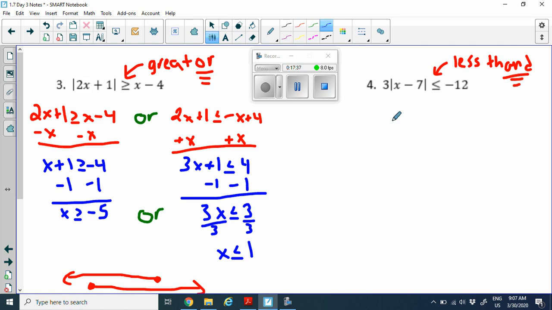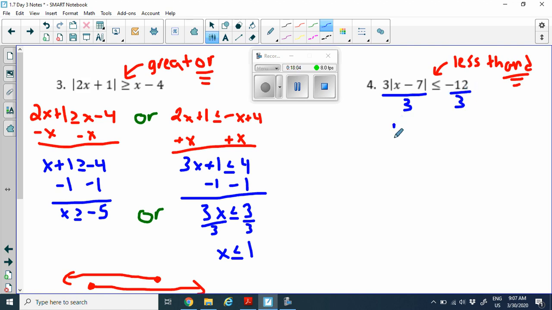Now, before we can figure that out, notice that I have this 3 in front of my absolute value. If you notice, for all of our problems 1 through 3, we didn't have anything that was in front or in back. That means the absolute value was isolated. In this case, because we have something that is outside the absolute value, we need to make sure we isolate it. So that means before I even solve, I need to divide everything by a 3.